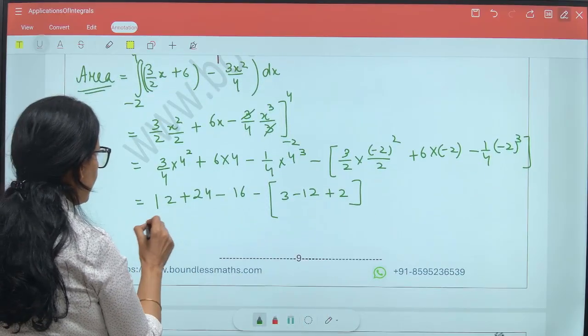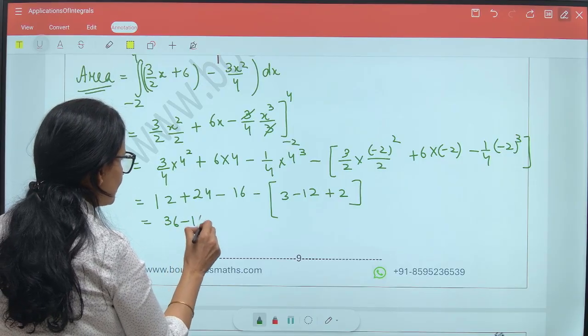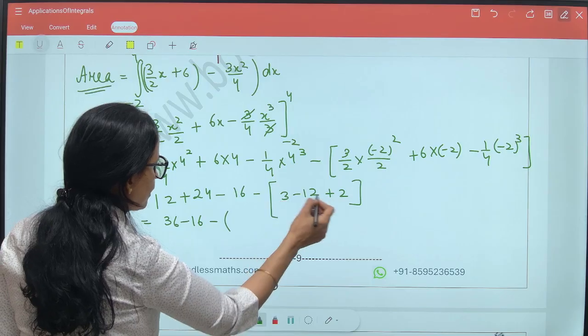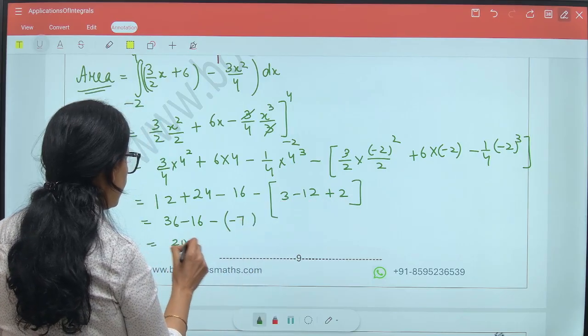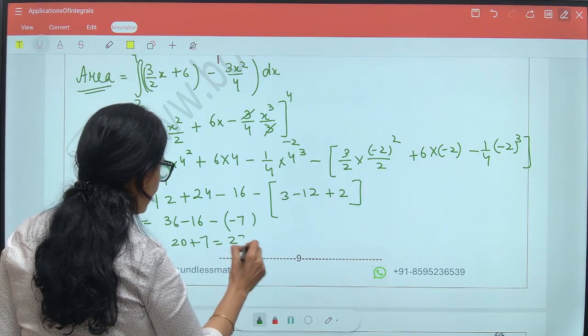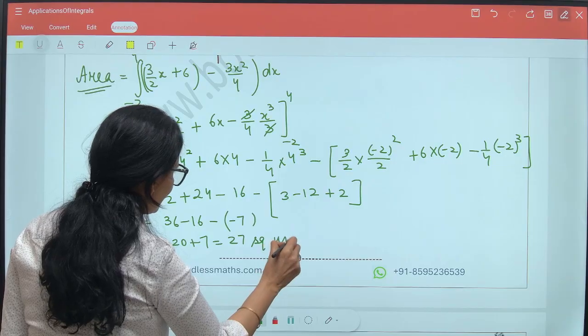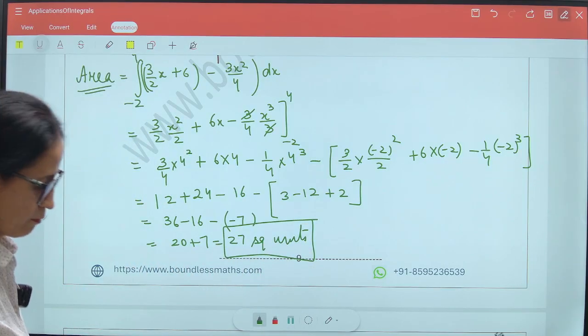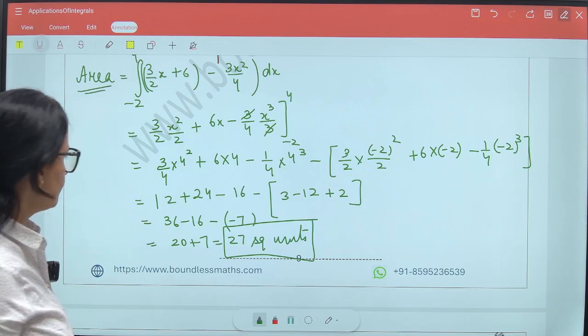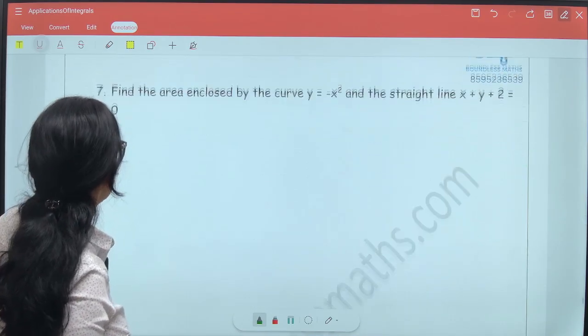Let's just simplify. So this is 36 minus 16 minus, and in the brackets we have 3 and 2 5 minus 7. So the answer is 20 plus 7, that is 27 square units. So this is the required area. Understood? Great. So let's move to the next question.